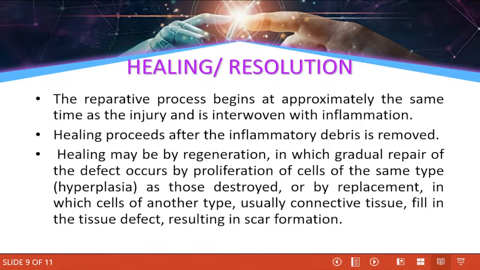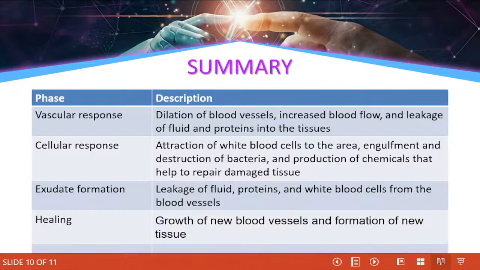Ladies and gentlemen, this marks the end of the inflammatory process, and let us look at a quick short summary of how you can make this whole process easy to understand. Firstly, vascular response. What to consider? Dilation of blood vessels, increased blood flow, and leakage of fluid and proteins into the tissues. That's number 1.